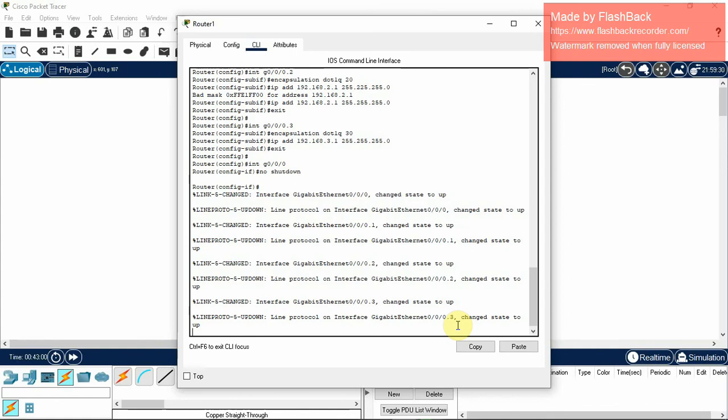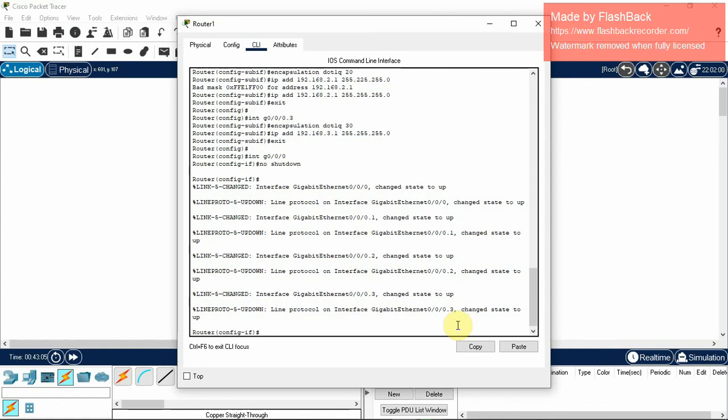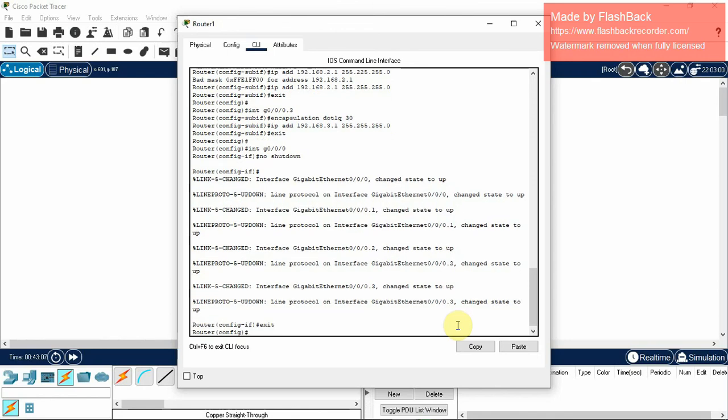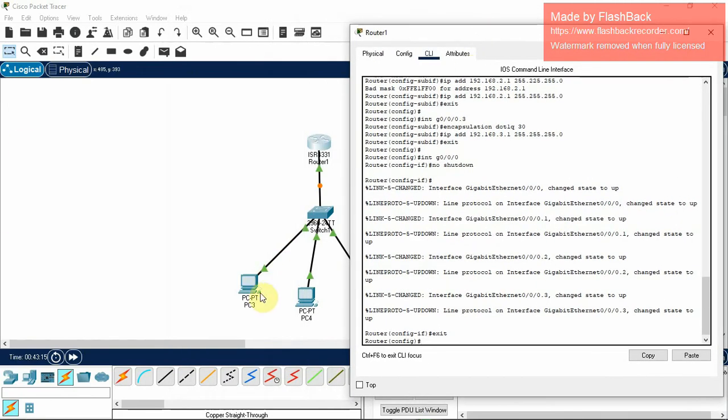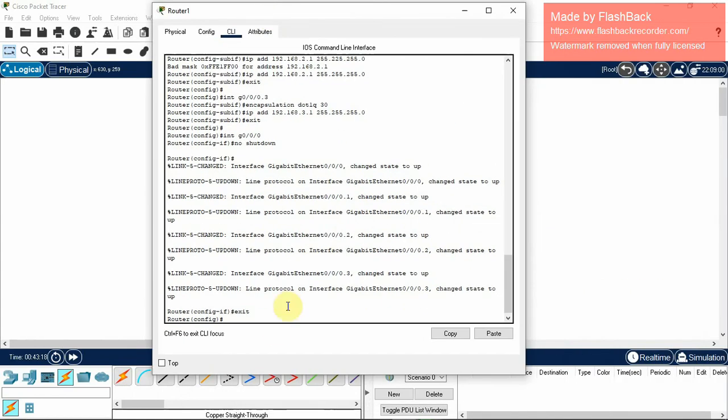So we're going to configure the DHCP pool from here. So we start with the first VLAN, which is the left one, this one. So we'll use the ip dhcp pool left.